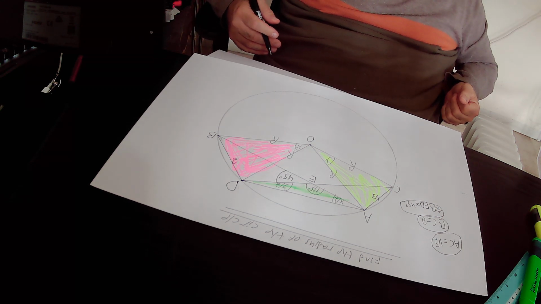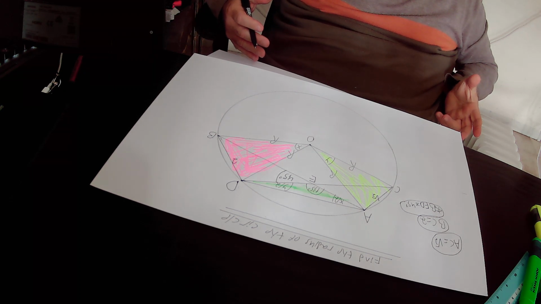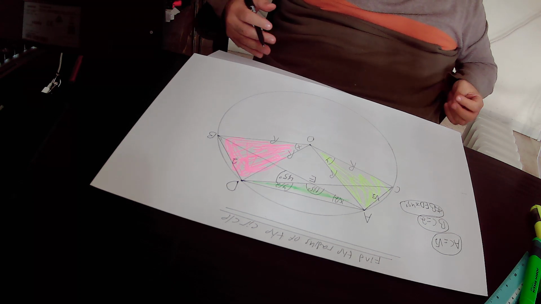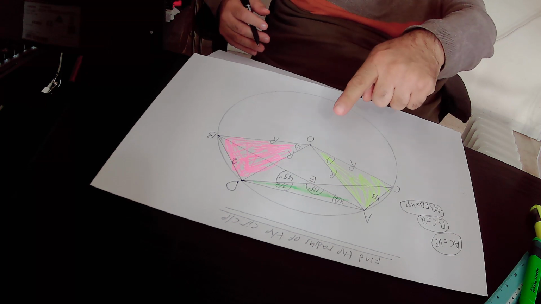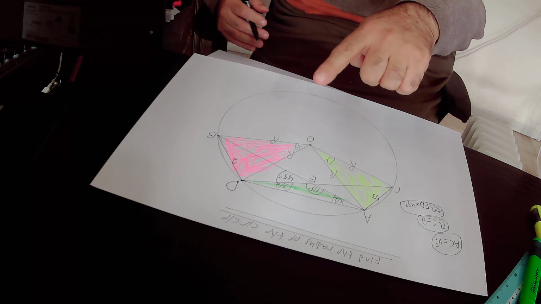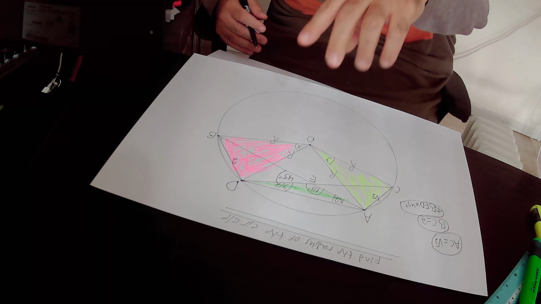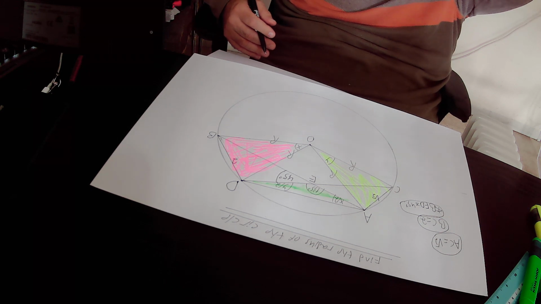Therefore chord DB is not the diameter of the circle. Why? Because any diameter of a circle must pass through the center of the circle, must pass through point O. And because chord DB doesn't pass through point O, DB is not the diameter of the circle.